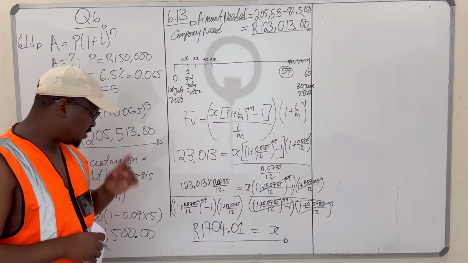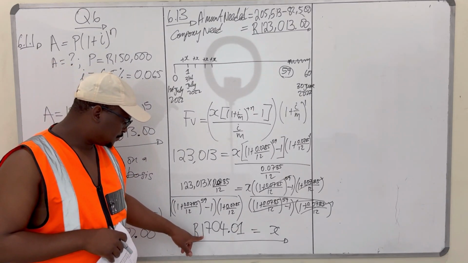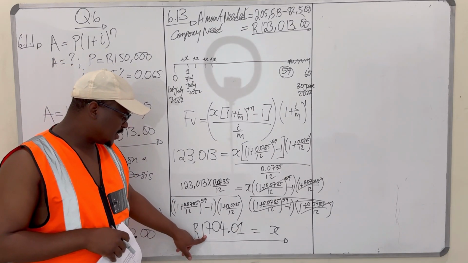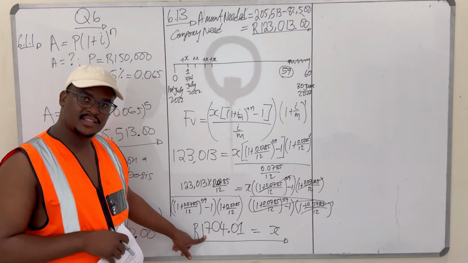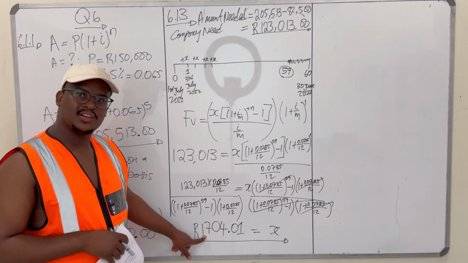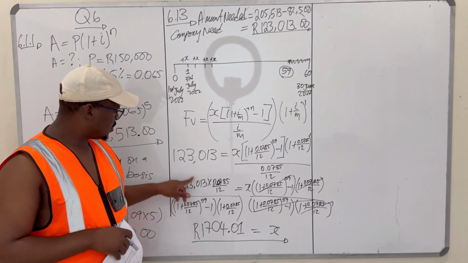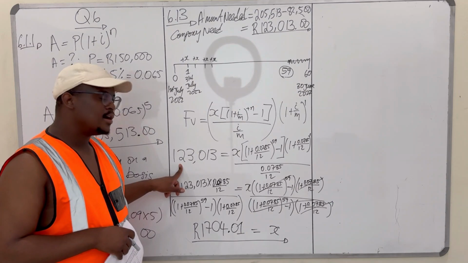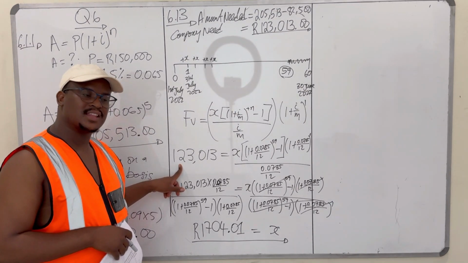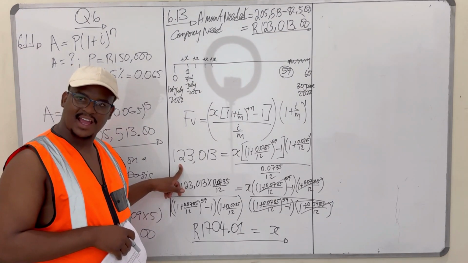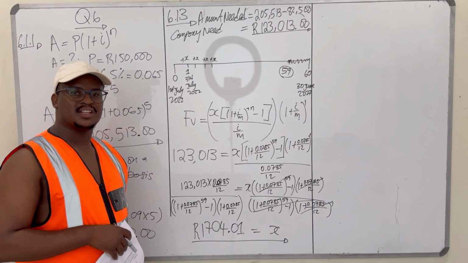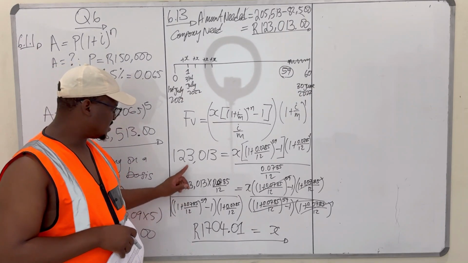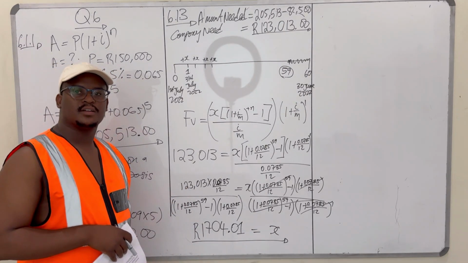So our friend should be depositing 1,704 rands for 59 months and leave it for a month into that account in order to have 123,013 rands at the end of the 60 months period. So this is the amount that our friend should be having.